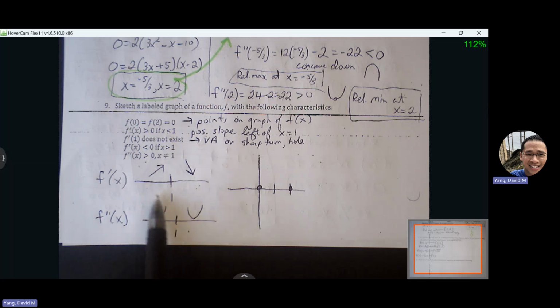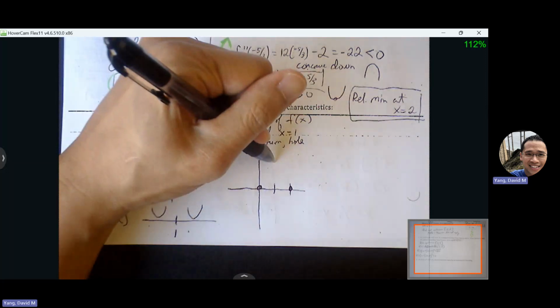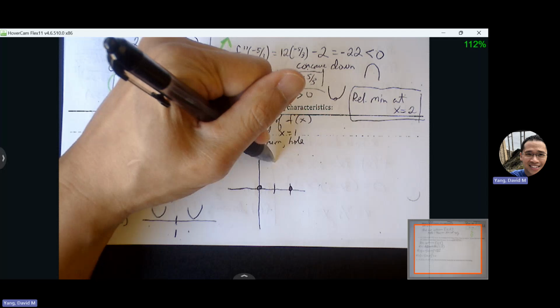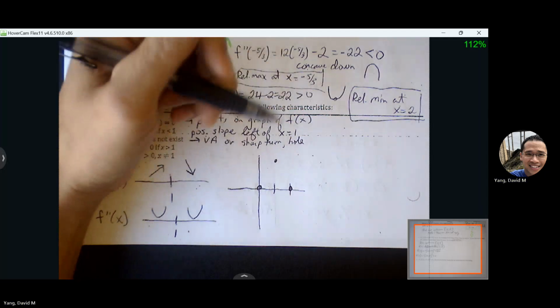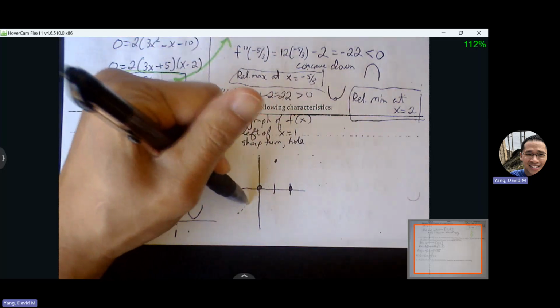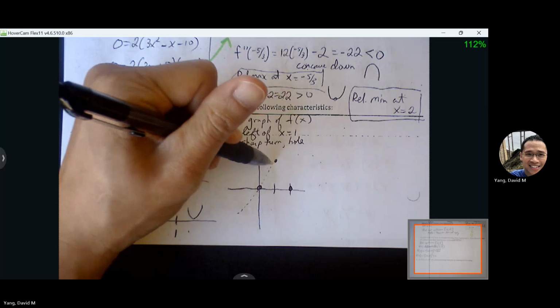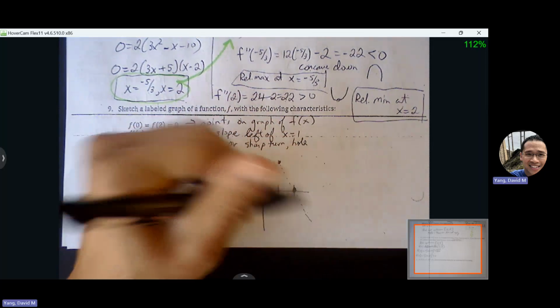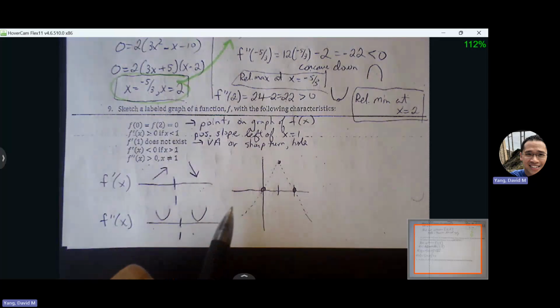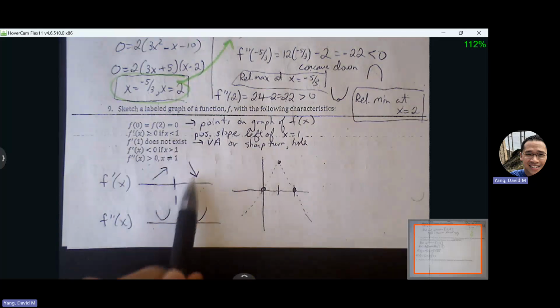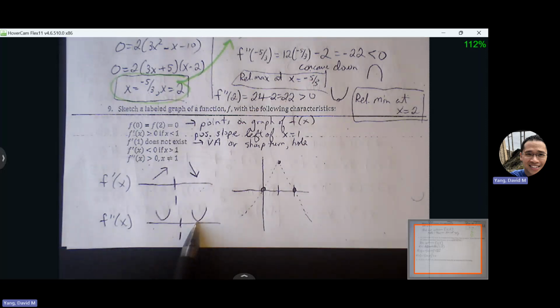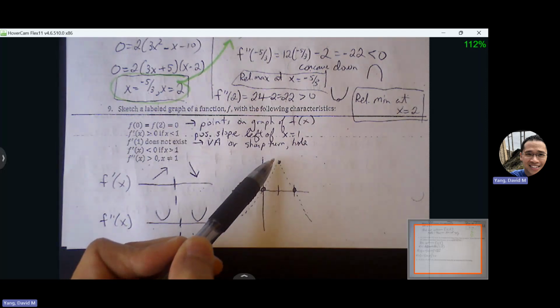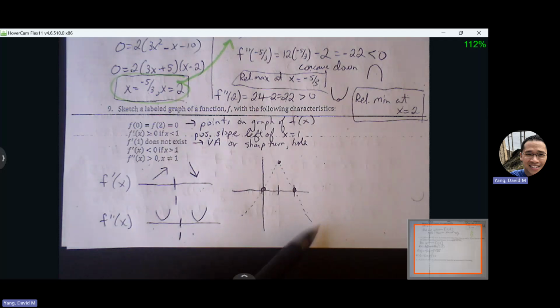Relative max. Okay. So there's a relative max somewhere at 1. I'm just going to highlight a point there. And I know my graph is going to increase and decrease. I'm not doing the full graph. I'm going to lay out the path of the graph from my slope sign line, and I'll go back and retrace it with the curvature that I want. But I know that my graph is going to rise, hit some max at 1, and then decrease.